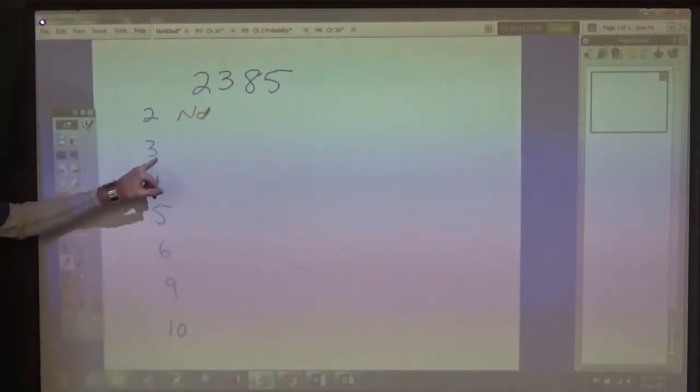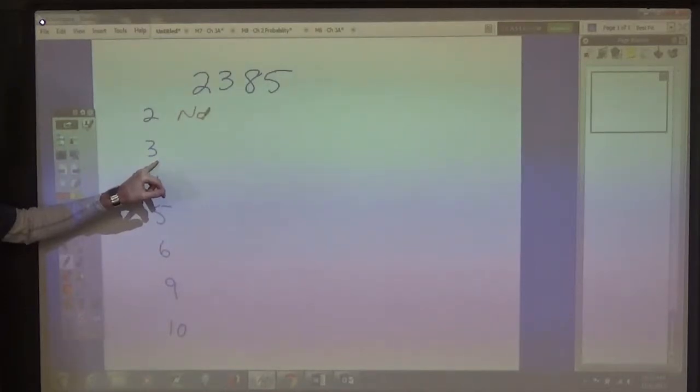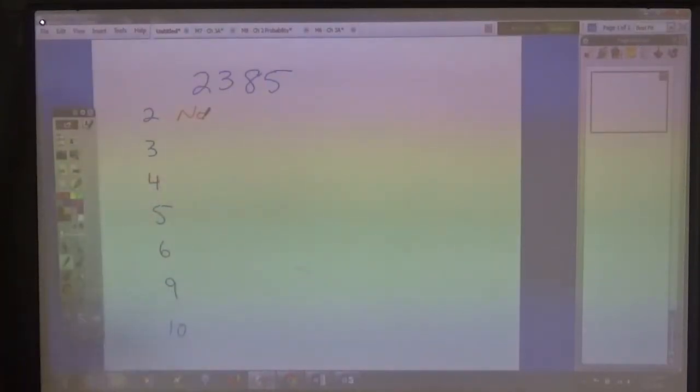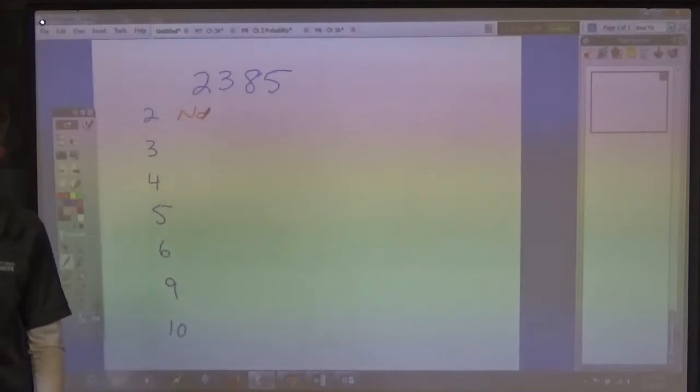How would we check 3? Is this divisible by 3? What would we do? What's the rule? Look back in your notes if you forgot.